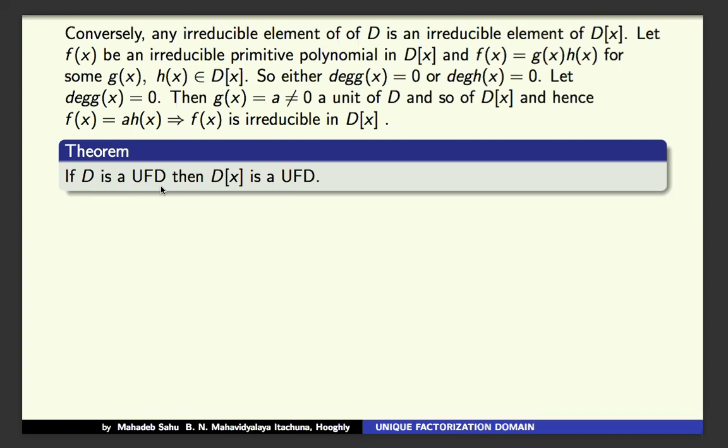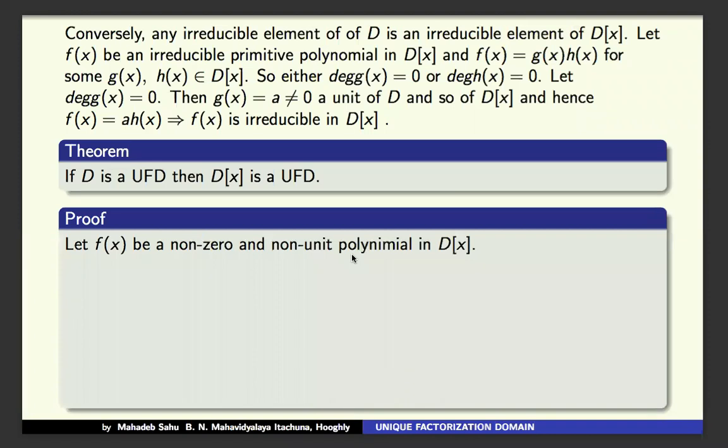The next part of the unique factorization domain, we start from the theorem: if D is a UFD, then D[x] is a UFD. So its proof is here. Let f(x) be a non-zero and non-unit polynomial in D[x]. We have to show that it has a unique factorization.